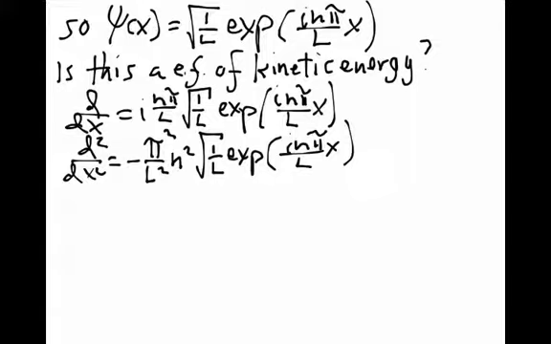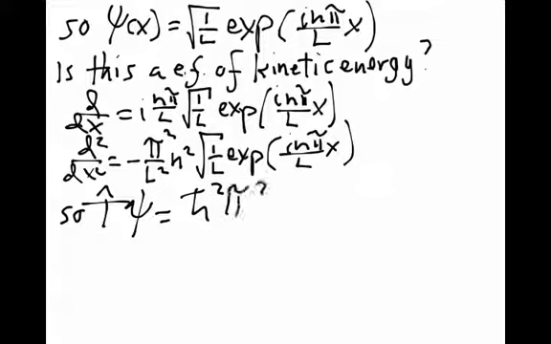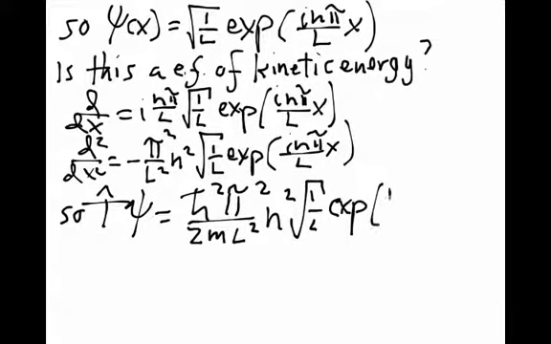Okay, so now we can take that and actually find the kinetic energy operator T on psi. That's equal to h bar squared pi squared over 2 m L squared times n squared times the square root of 1 over L, e to the i n pi over L times x.